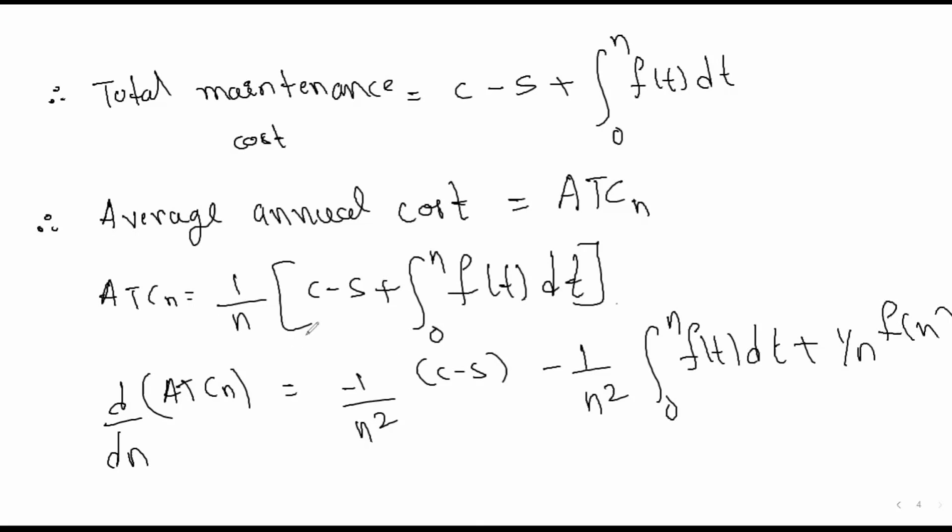So I am applying here the differentiation under integral sign rule. I hope you are aware of that rule, right? So after applying, this is nothing but the first derivative of this function.